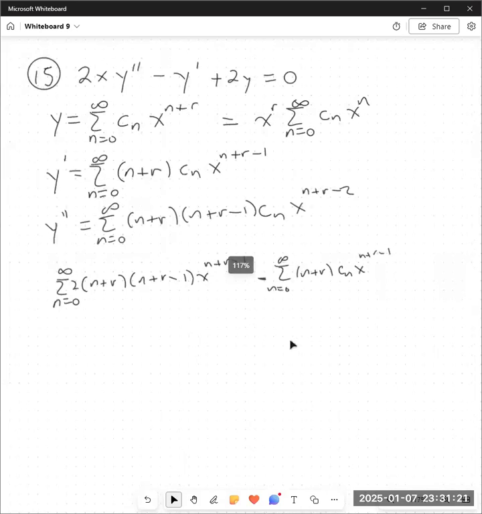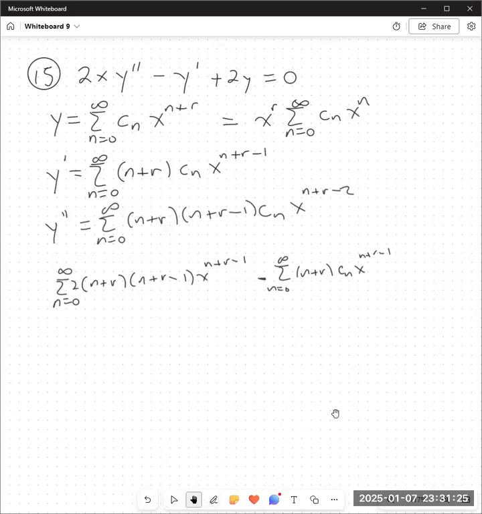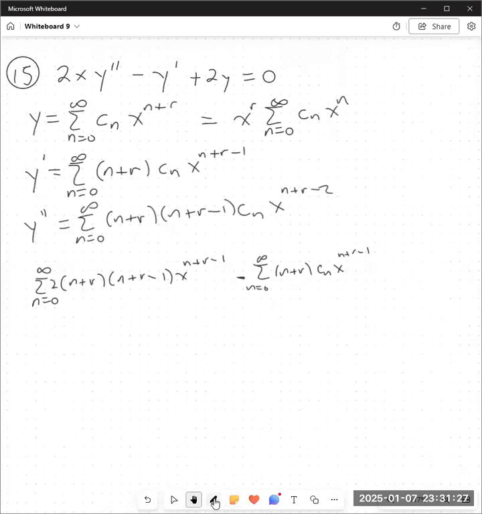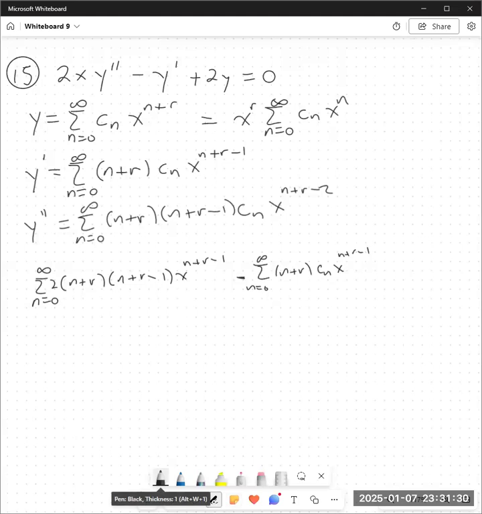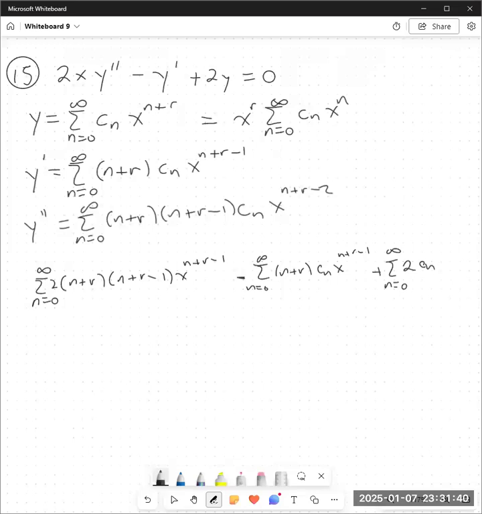And then plus the sum from n equals 0 to infinity of 2 Cn x to the n plus r, and that equals 0.